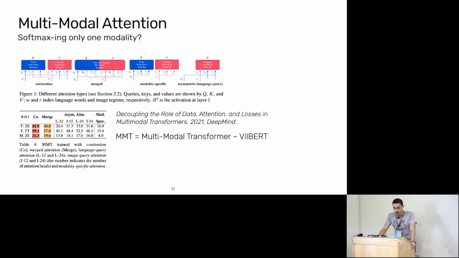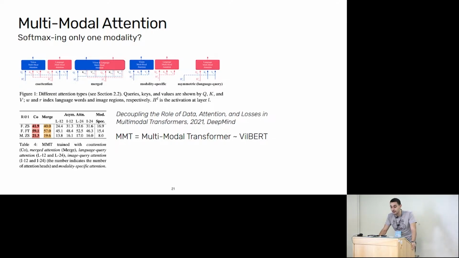And when you have an attention-based neural network, well, the obvious thing you can do is have, again, the two separate channels through which the information will be going forward. And the tokens of text input will not be attending the tokens of the visual input, and vice versa. But you can do what they call merge attention.